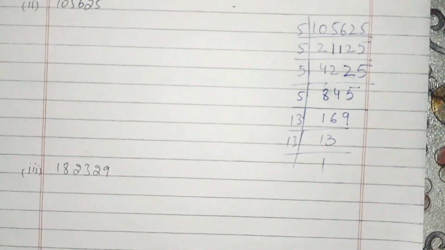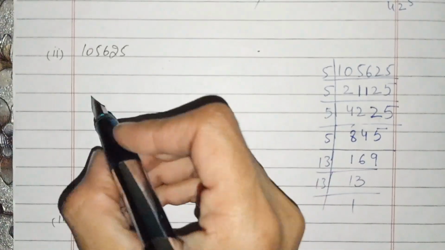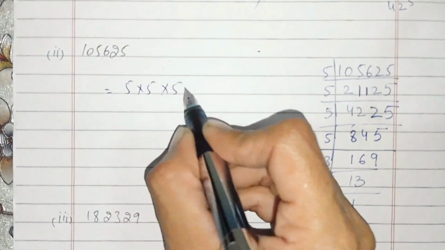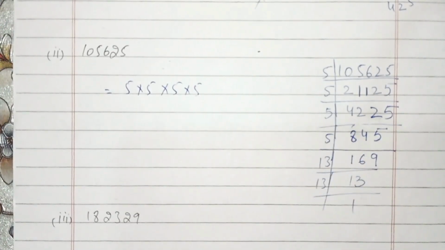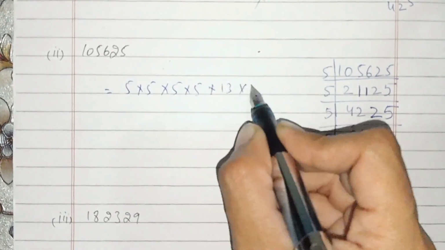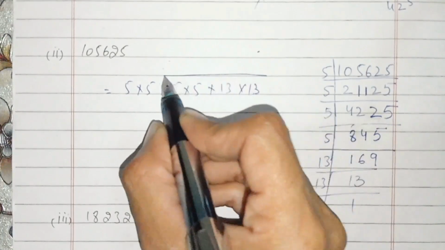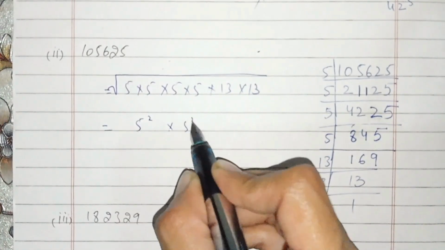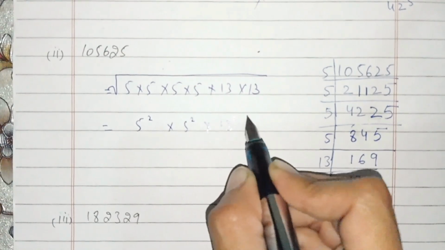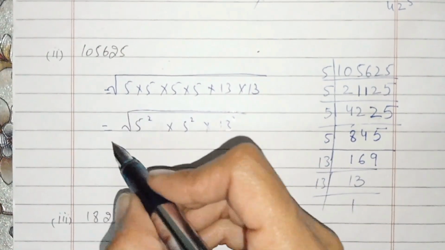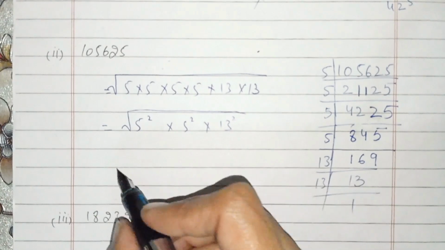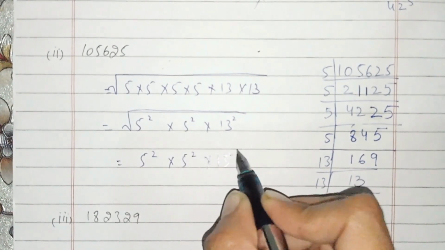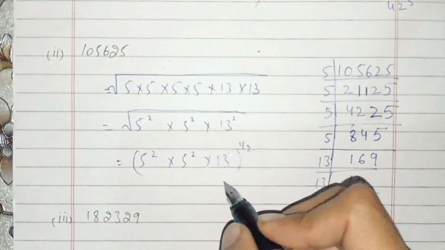Now you have to write there 5 multiplied by 5, 5 times 5, 13 and 13, so 5 square, 5 square, and 13 square. You know the value of the square root is power 1 by 2. You have to write there 1 by 2.